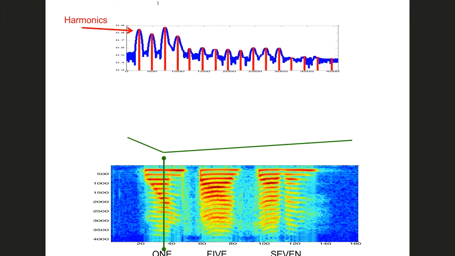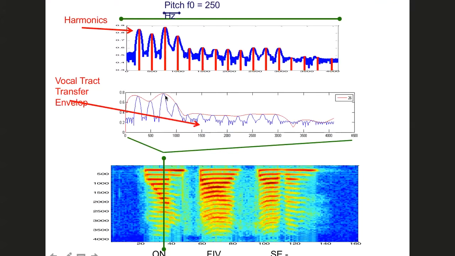Another is also the overall envelope of the signal. Again, the pitch is the spacing between the harmonics, but there's also the overall envelope, and that's what we call the transfer function. These bumps that you see here are points of high energy, which are the resonances of your vocal tract. The difference between two vowels for the same person is where these bumps are located.